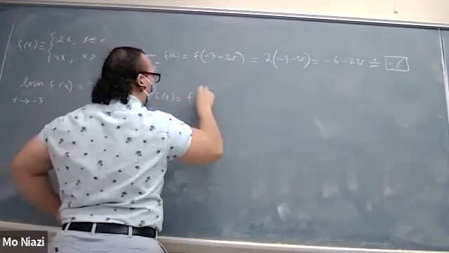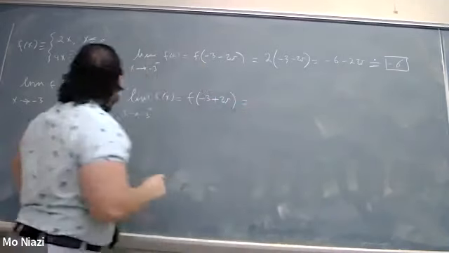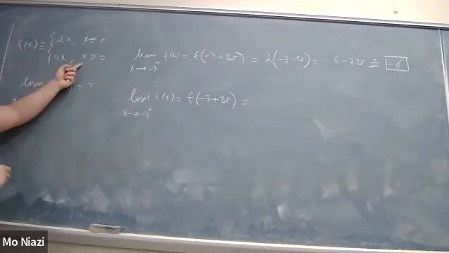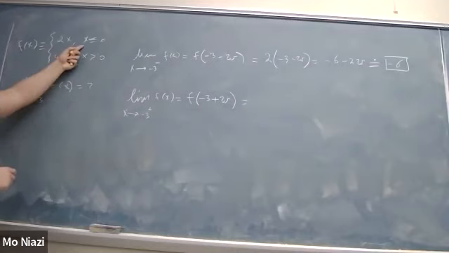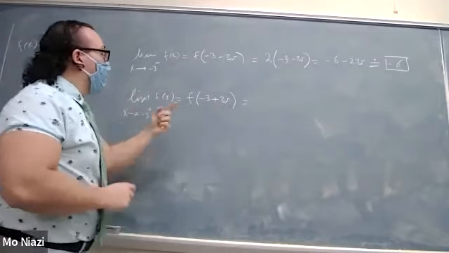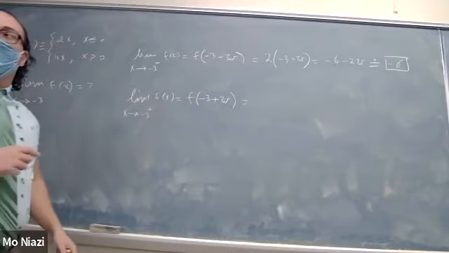Well, that's the same thing as f of negative 3 plus an omega. But now we evaluate it here, right? Because this is greater than 0, values greater than 0. Is that true? No, actually, we're still evaluating it here because even though we add an omega, it's still negative. So again, we have to use the 2x. All right?